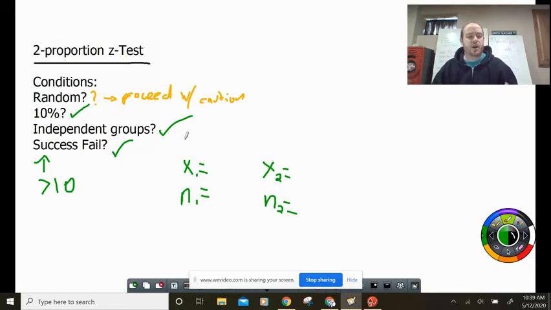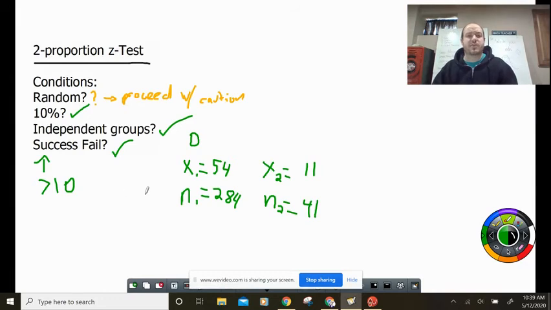For our disapproving parents, which I'm just going to call D for right now, we're going to label them as our first sample. And 54 of them started smoking after, out of the 284. All right. And for the second one, we had 11 out of the 41. Now, that's all the information that was given to us.